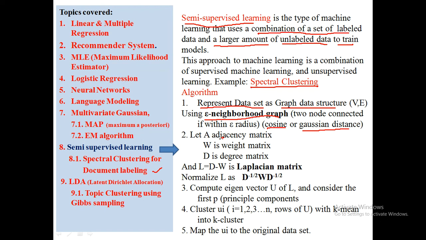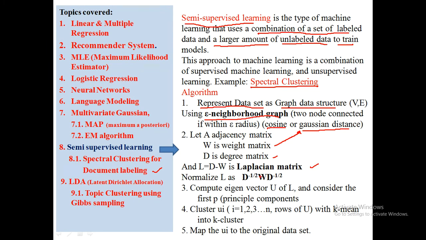Let A be the adjacency matrix of the graph, and W the weight matrix, where we can assign the Gaussian distance, and D the degree matrix, which is a diagonal matrix. So L equals D minus W is called the Laplacian matrix.